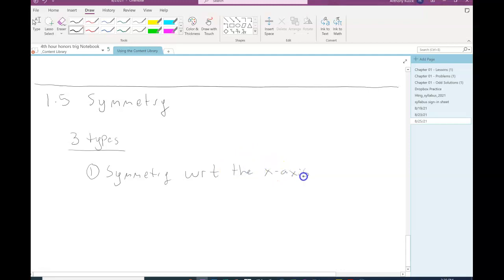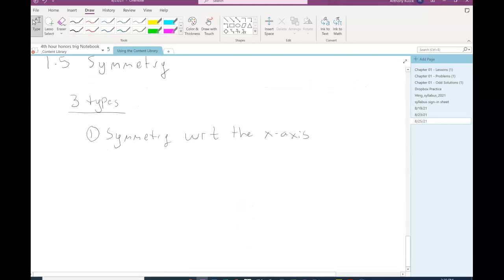I'm abbreviating the phrase with respect to as WRT. Just so you know, you're free to do that if you like, but you don't need to. So what does symmetry with respect to the x-axis mean? It means you're going to have something that looks like this.